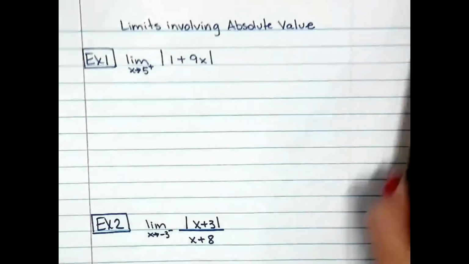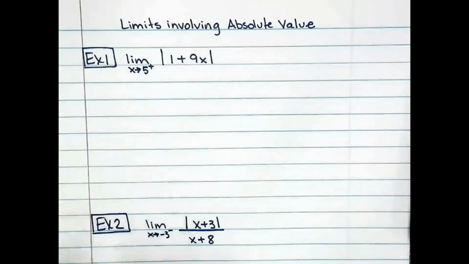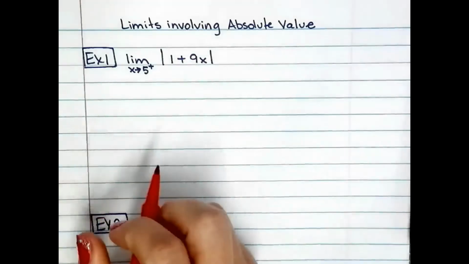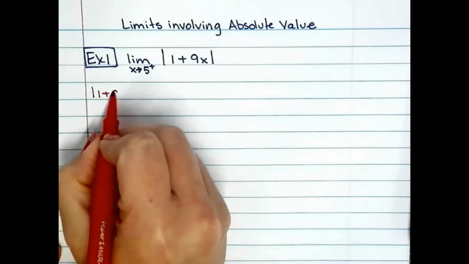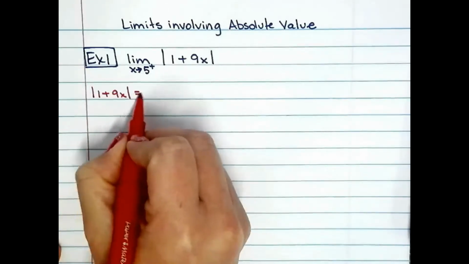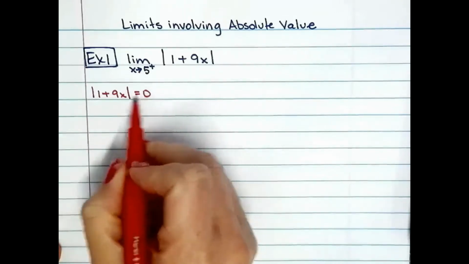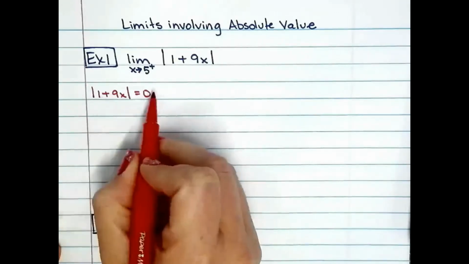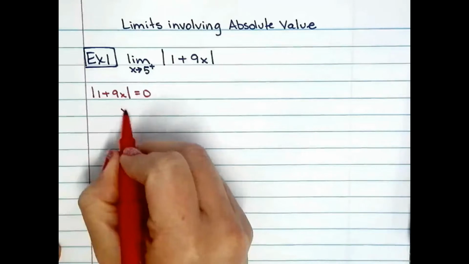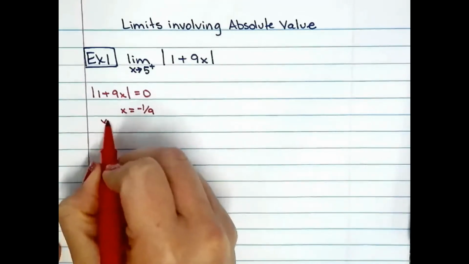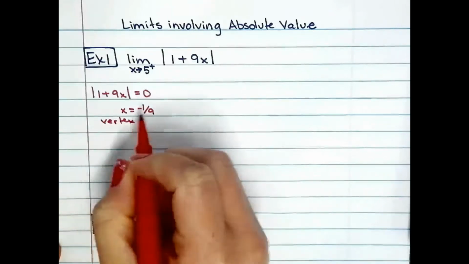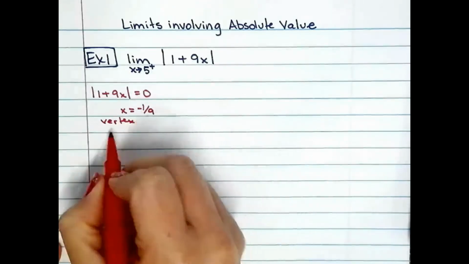Well, that's the first thing we're going to do when we have an absolute value function. We will find the vertex of that function. So I have 1 plus 9x, and if you set it equal to 0, subtract 1 from both sides, and divide by 9, then you have negative 1 over 9. That's where your vertex is.